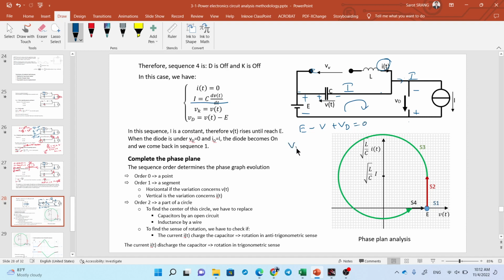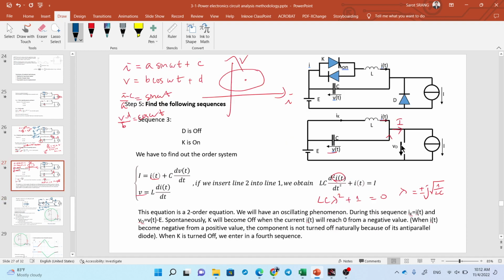Then VD equal to V minus E. Okay, so I said incorrectly here, because if we use plus terminal here and minus terminal here like this, if you find voltage VD positive, that's not true.